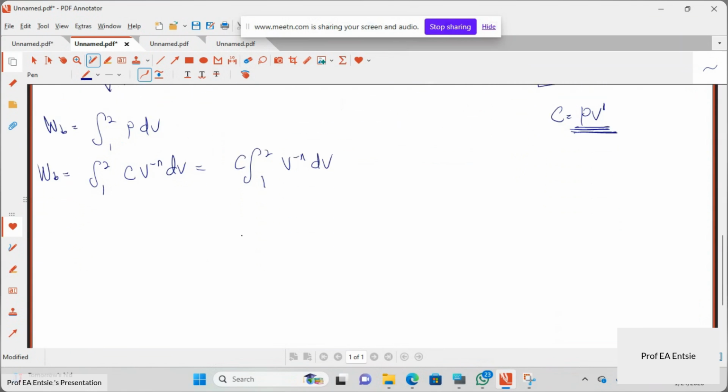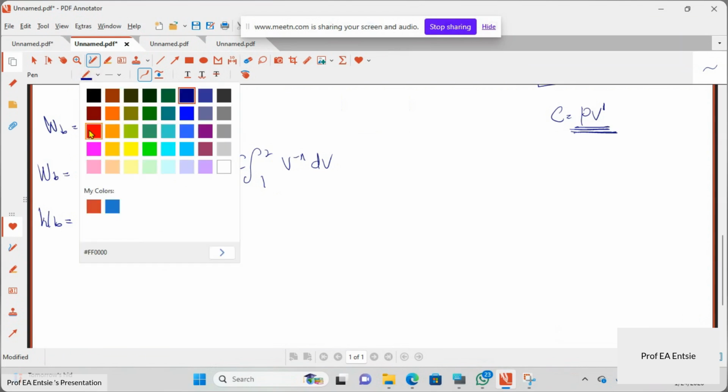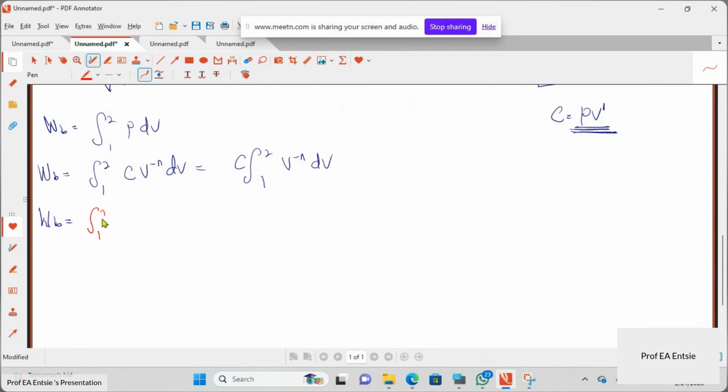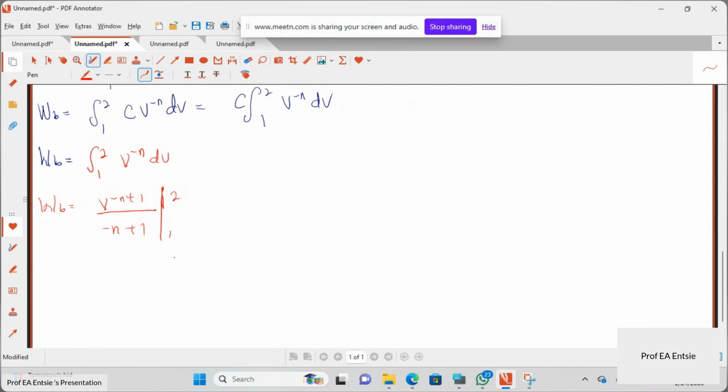We are integrating V exponent negative n with respect to V. So boundary work done will be equal to C times the integral from 1 to 2 of V exponent negative n dV. So if you want to find the integral, you just add 1 to the power, then you divide by the new power, then you take your limits of integration, 1 to 2. So whenever I see V, I'll put the final or the upper limit there.